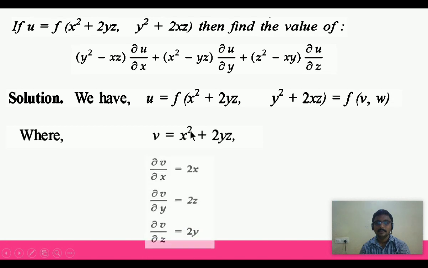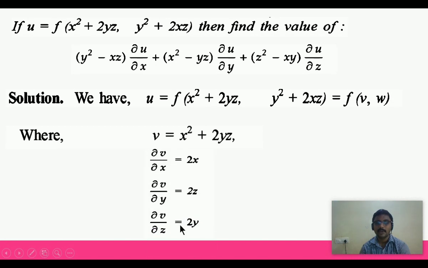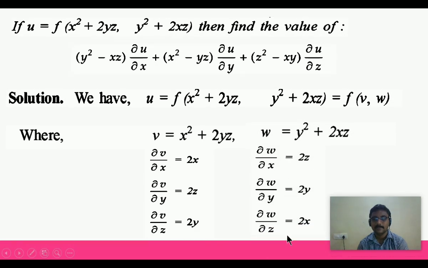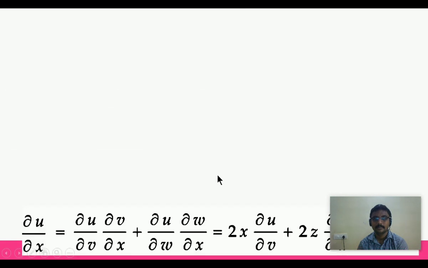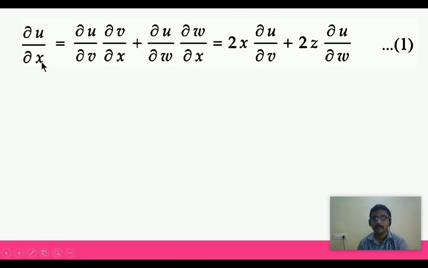So ∂v/∂x, ∂v/∂y, ∂v/∂z are the partial derivatives of v with respect to x, y, z. Similarly for w, the partial derivatives with respect to x, y, z. Writing ∂u/∂x using the chain rule formula: u is a function of v, w, so we can write it as ∂u/∂v · ∂v/∂x + ∂u/∂w · ∂w/∂x.